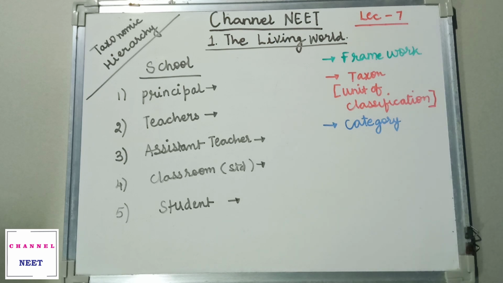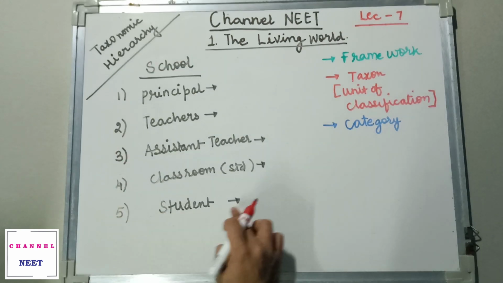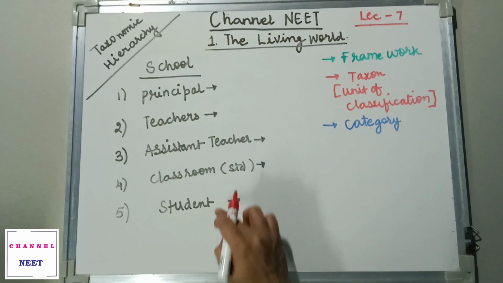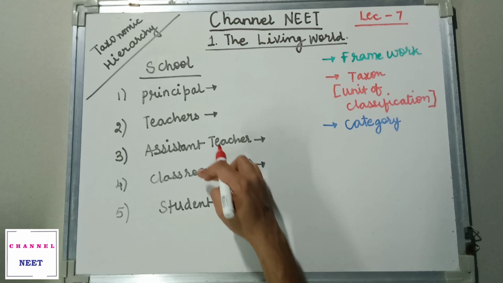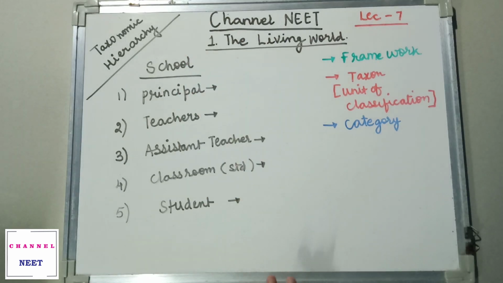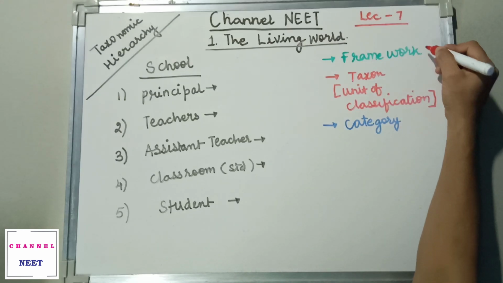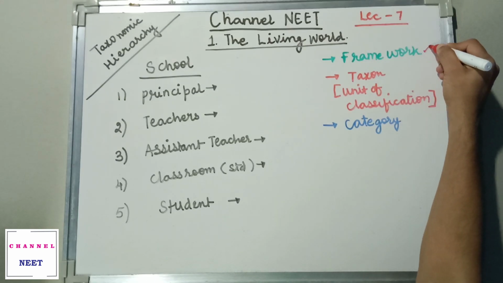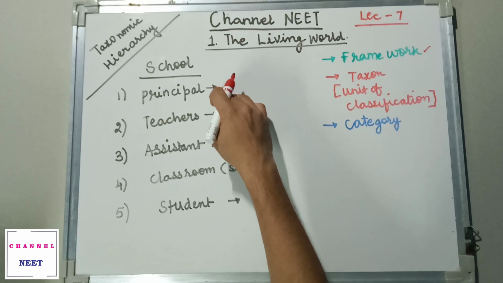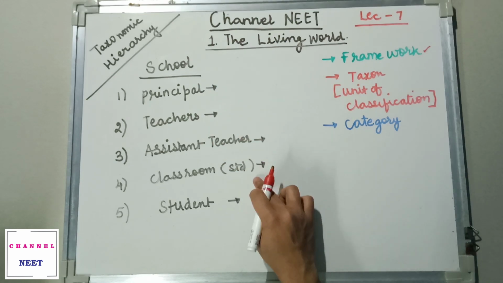Now what I mean to say, this is a framework of the school. Without students all this is not possible, so this becomes a framework. In a school you have a principal, teachers, assistant teachers, classrooms, and students.